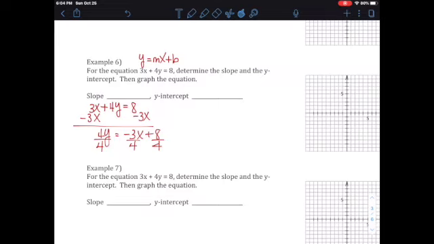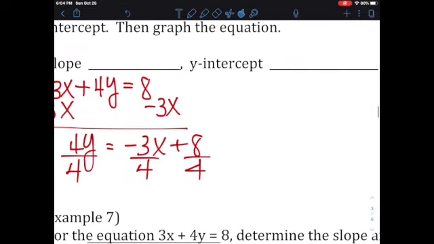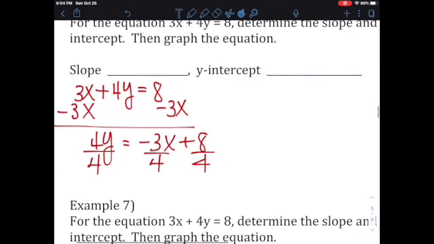The reason I like to write it like that, instead of just dividing by 4 on both sides, is because that way there's less chance of forgetting the sign or anything like that. So if you have y equals negative 3 over 4x plus 8 over 4, that's plus 2, then you are in y equals mx plus b.